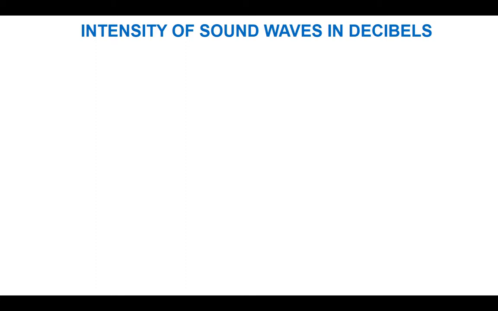So it can only detect sound that is above 1 times 10 to the power negative 12 watts per meter squared. The intensity of sound that a human ear can detect should be in this range, from 1 times 10 to the power negative 12.